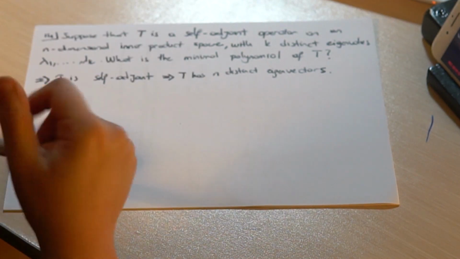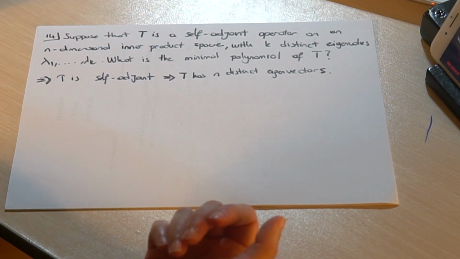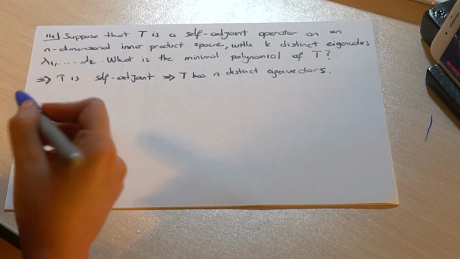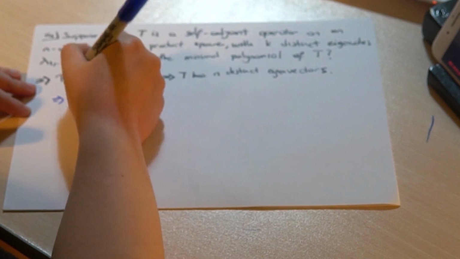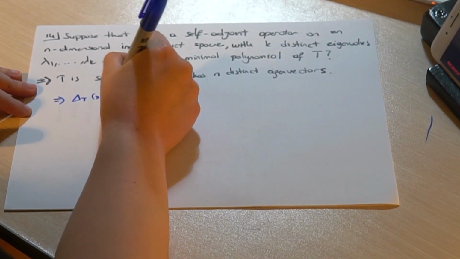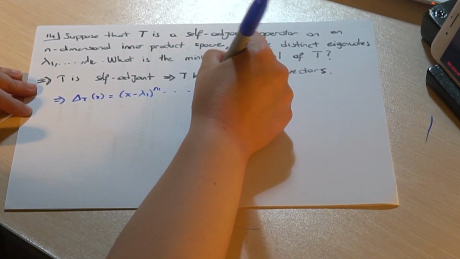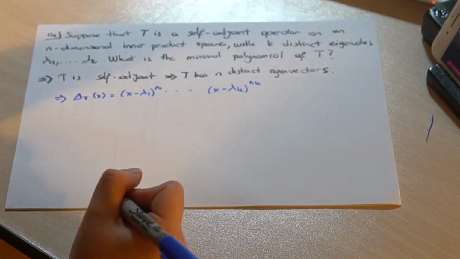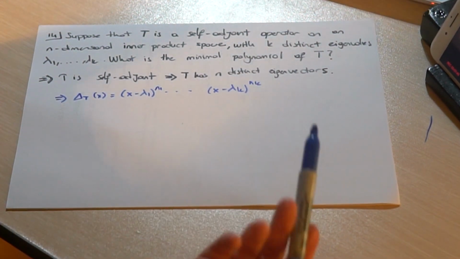Now, since T has n distinct eigenvectors, all these are the eigenvalues corresponding to these eigenvectors. So we can say that the characteristic polynomial of T is equal to (x minus lambda 1) to the n1, and it goes up to (x minus lambda k) to the nk. So this is the characteristic polynomial. We need to find the minimal polynomial.